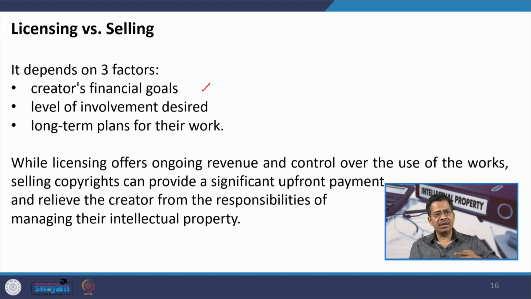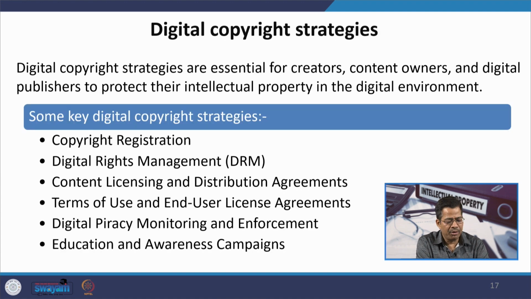So, you know that I am going to make a part 2, part 3 of this movie. In that case licensing is more suitable rather than selling. When you do not have any long term interest, you can sell those IPs. So, these are the important strategies with respect to copyright related IP portfolio.